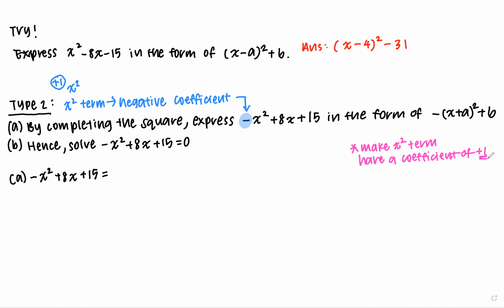Super important. To make it a positive 1, I factorize out negative. So what am I left with in the bracket if I take out a negative? The minus x squared becomes positive x squared. The plus 8x becomes minus 8x. Very good. And the plus 15 becomes minus 15.